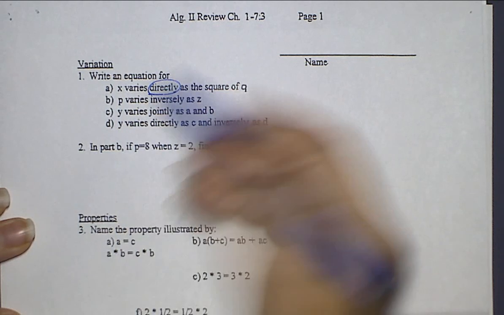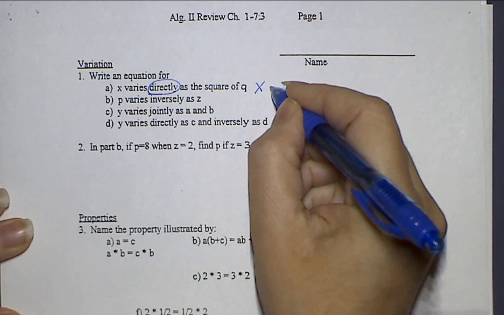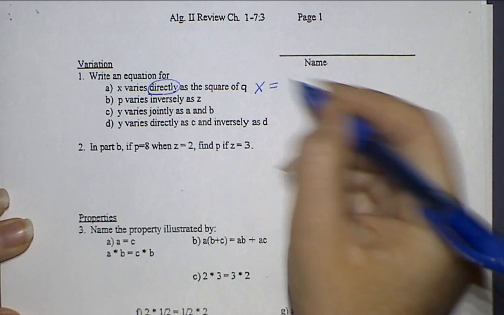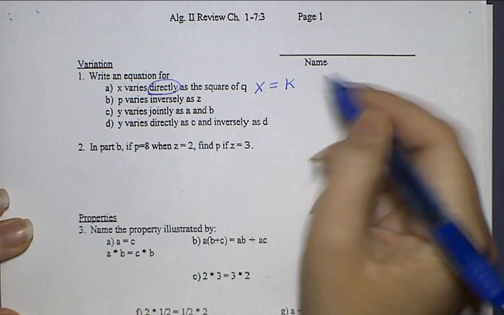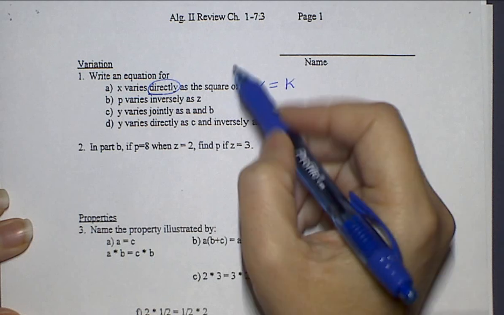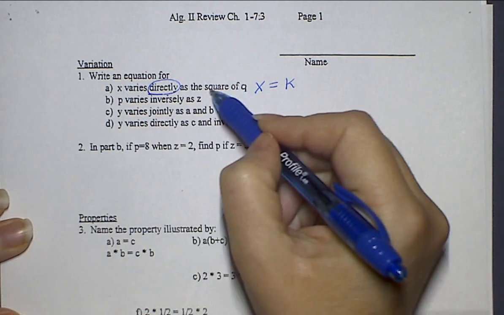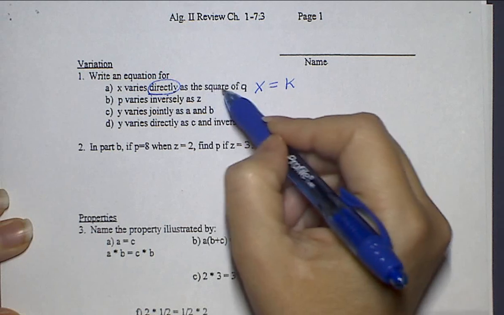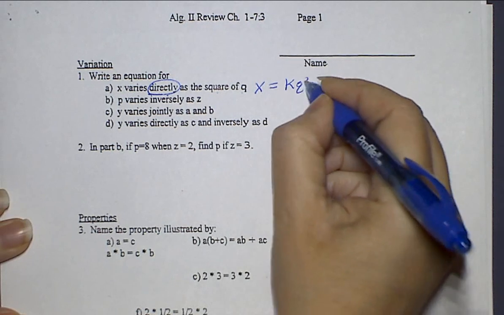So we're going to have x, and when you see varies, you're going to say equals a k. Remember, that's that constant that we're going to have to solve for later on. Directly means it's right on the top, so k times the square of q, so q squared.